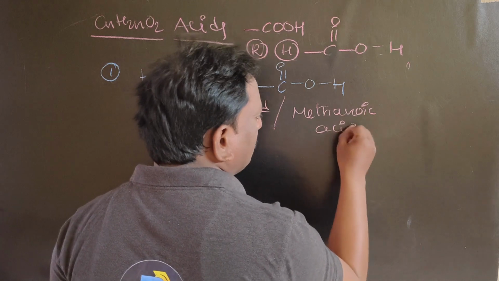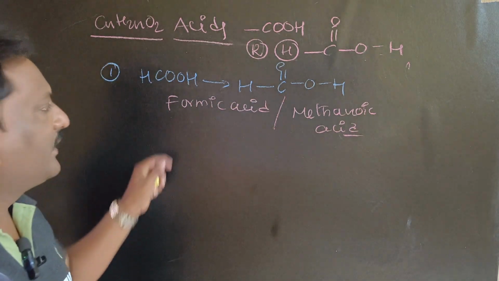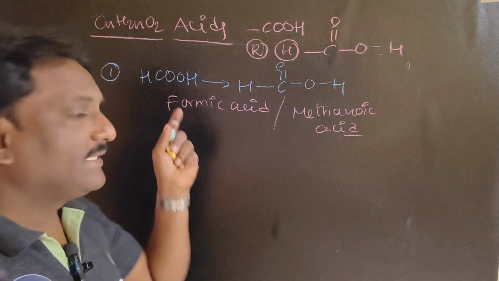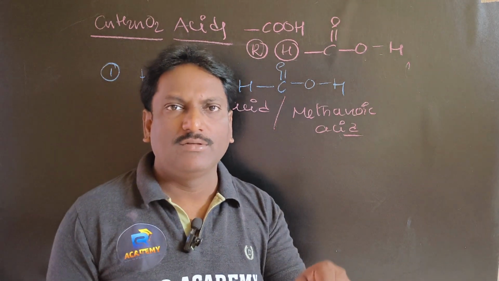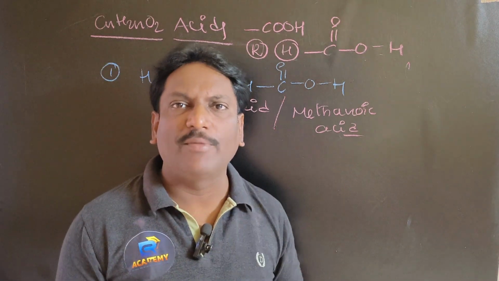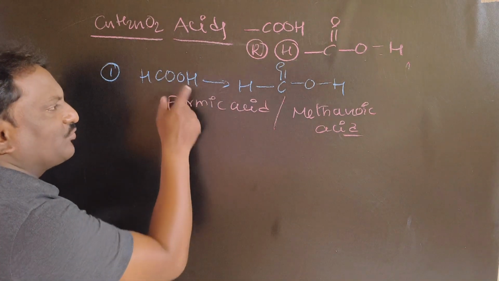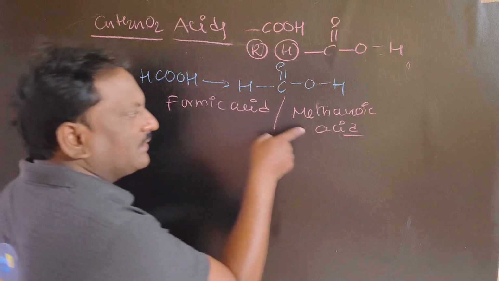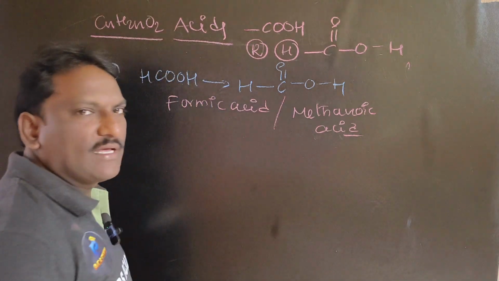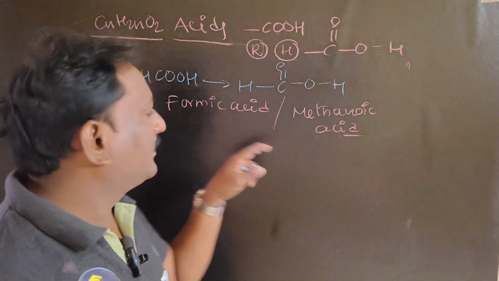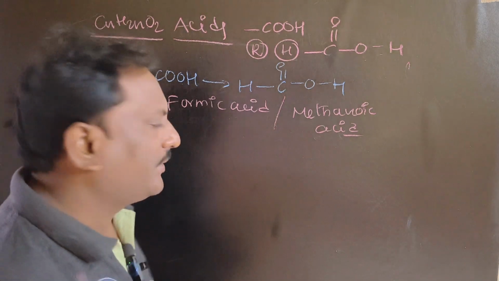Formic acid is present in ant stings. Ant in Latin is called formica. That's why it is considered formic acid. HCOOH is called formic acid, and at the same time it's also called methanoic acid. So methanoic acid is the IUPAC name, whereas formic acid is the common name.